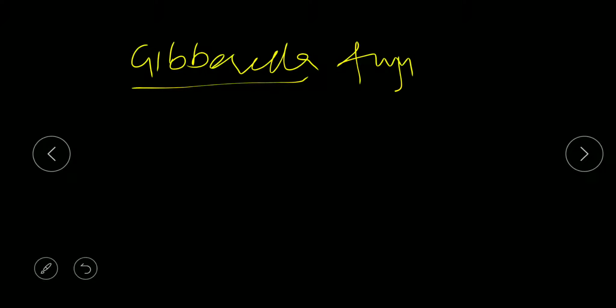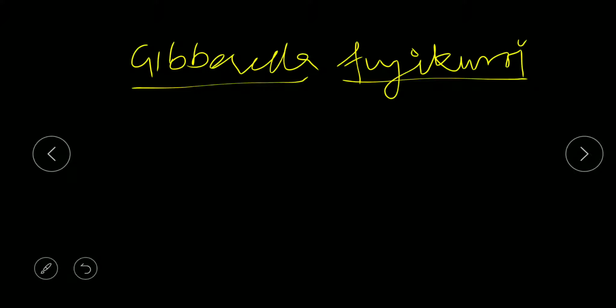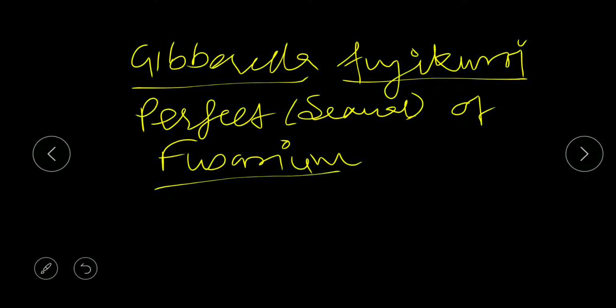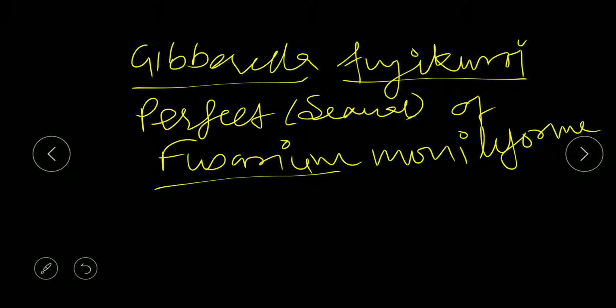So if we try to understand Gibberella fujikuroi in detail, then Gibberella fujikuroi is a perfect or sexual stage of Fusarium moniliforme.